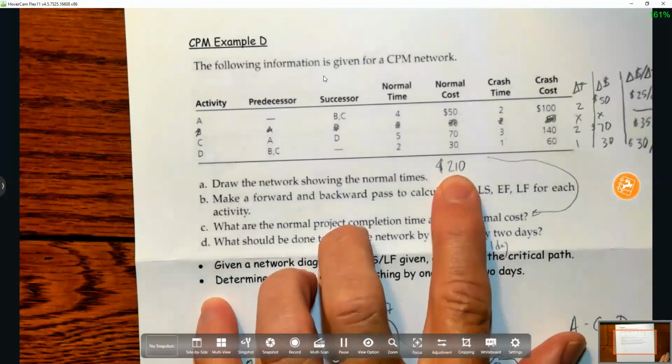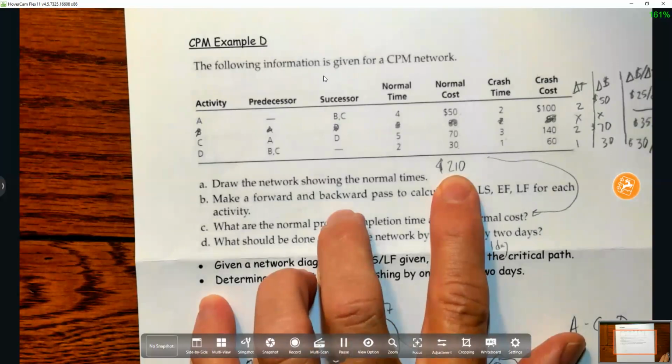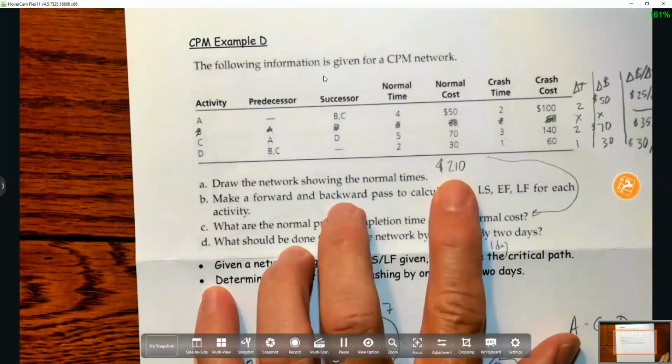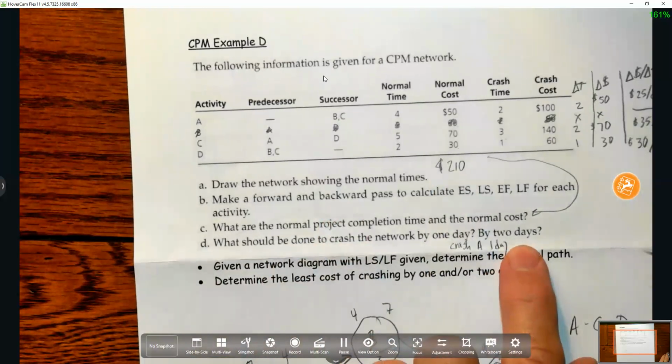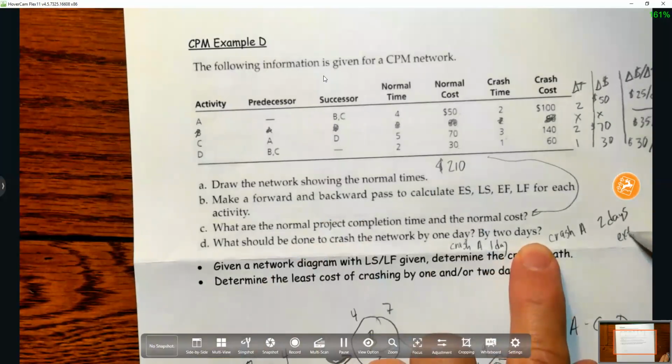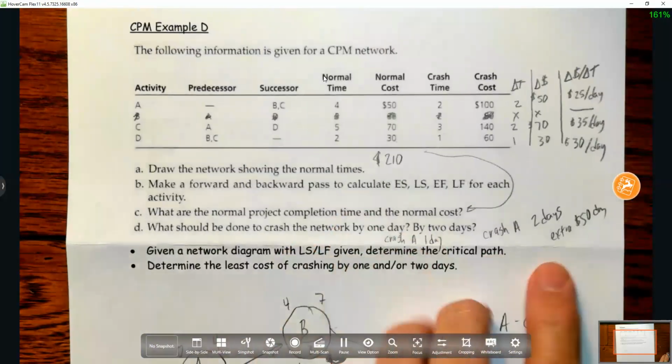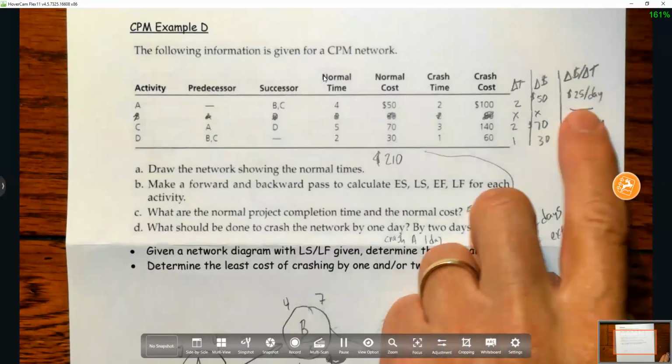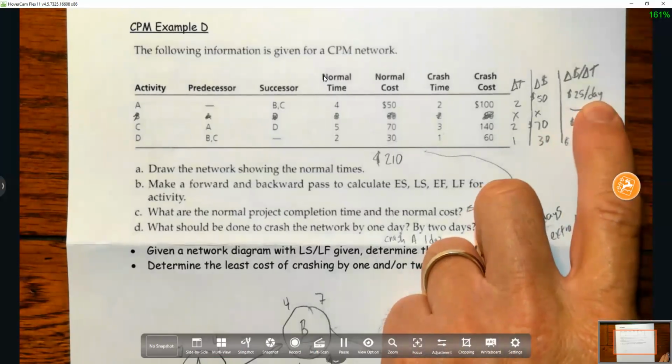So it'd be $235 if it asks you the total cost to save a day. To save 2 days, it would be crash A for 2 days, which would cost you an extra $50. Okay, it would cost you an extra $50 because it'd be $25 a day and you're crashing it 2 days.